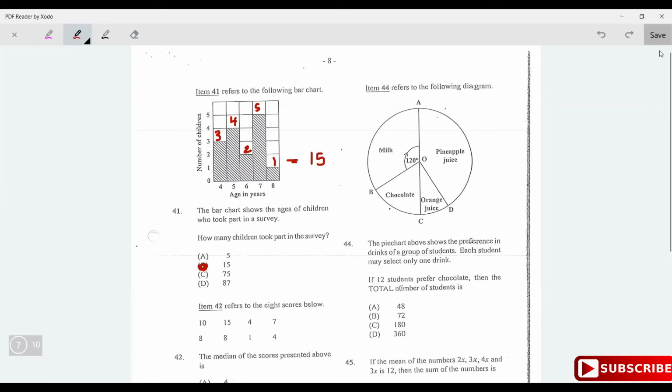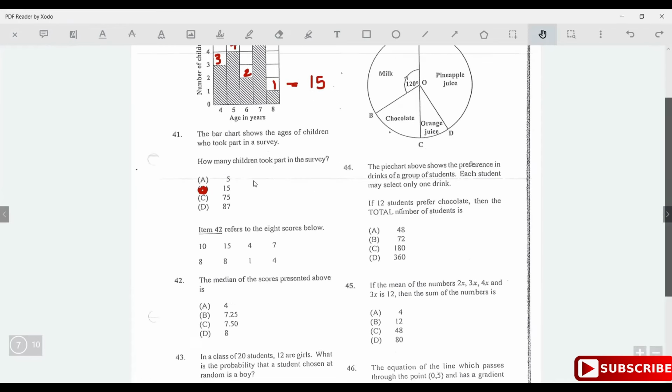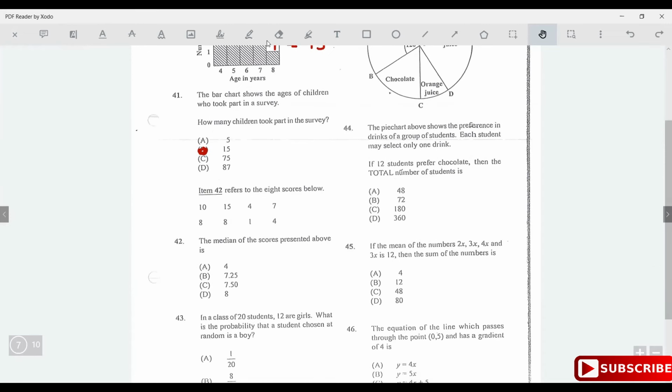Easy question. Moving along. It says item 42. It says this refers to age scores. The median score is the one in the middle. So you need to rearrange them in ascending order. In ascending order, it would be 1, 4, 4, 7, 8, 8, 10, and 15.